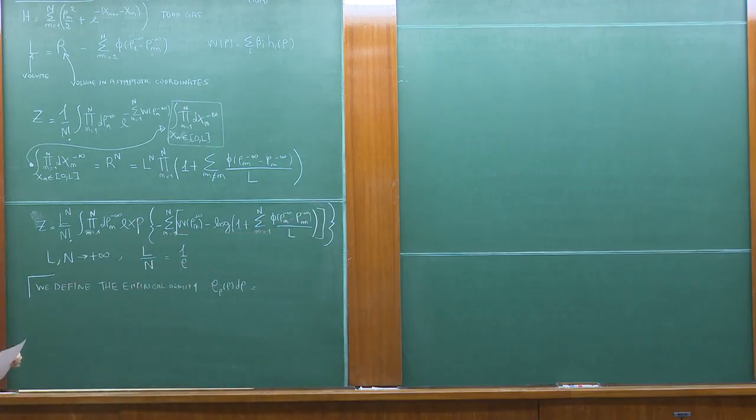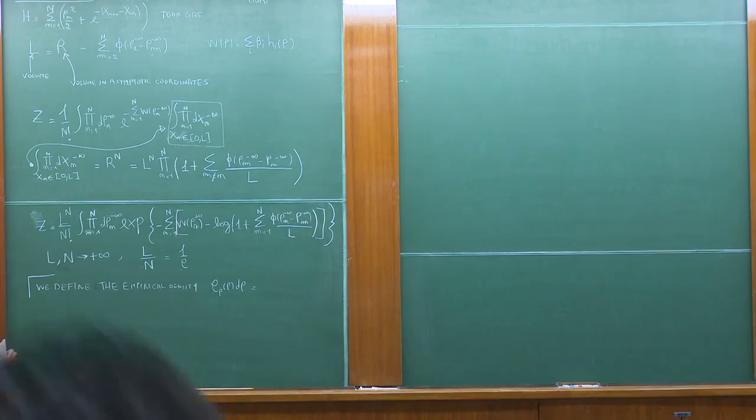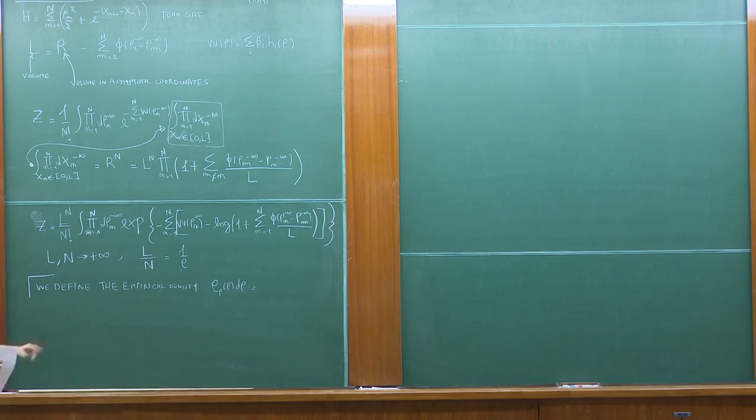Before, the particle was confined in a volume 0 to L, and now they are in 0 to R, in the asymptotic coordinates. Is it fine? Yeah, here I forgot the minus infinity, thank you.